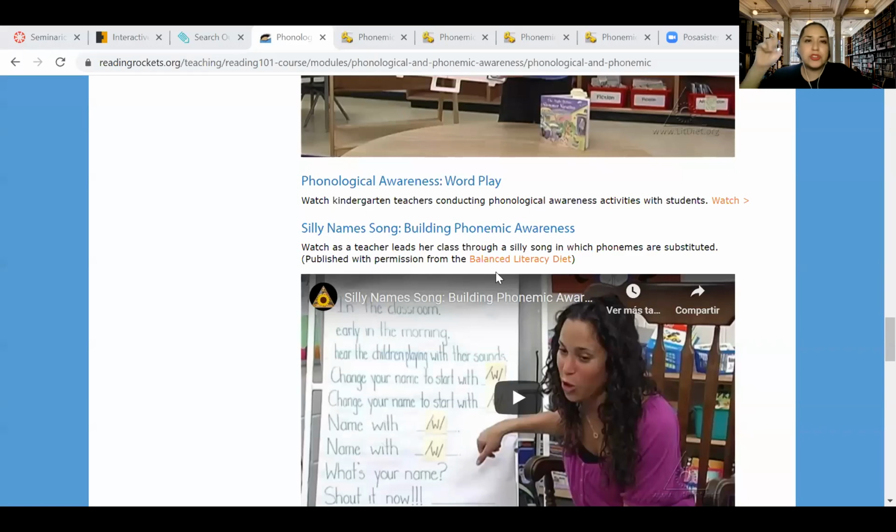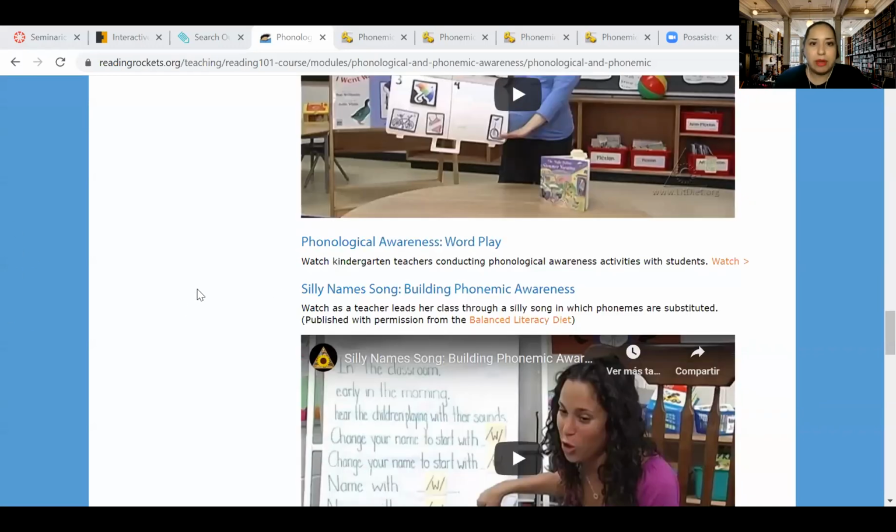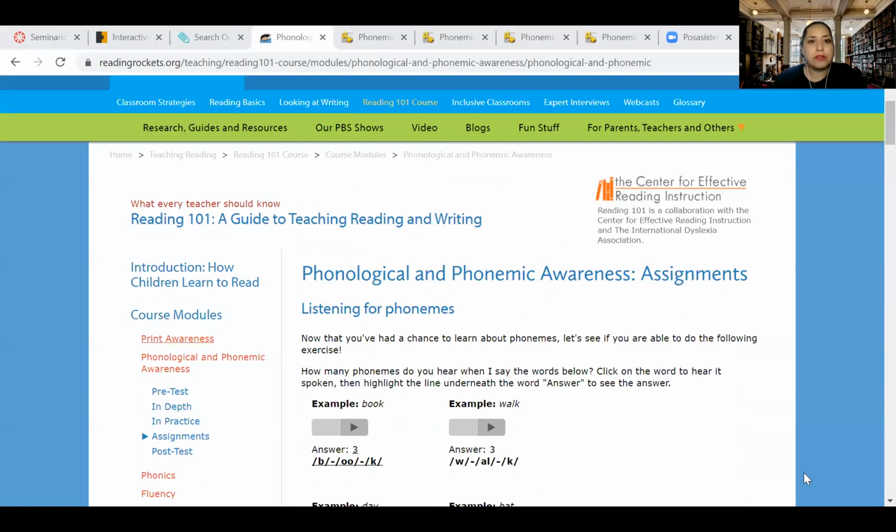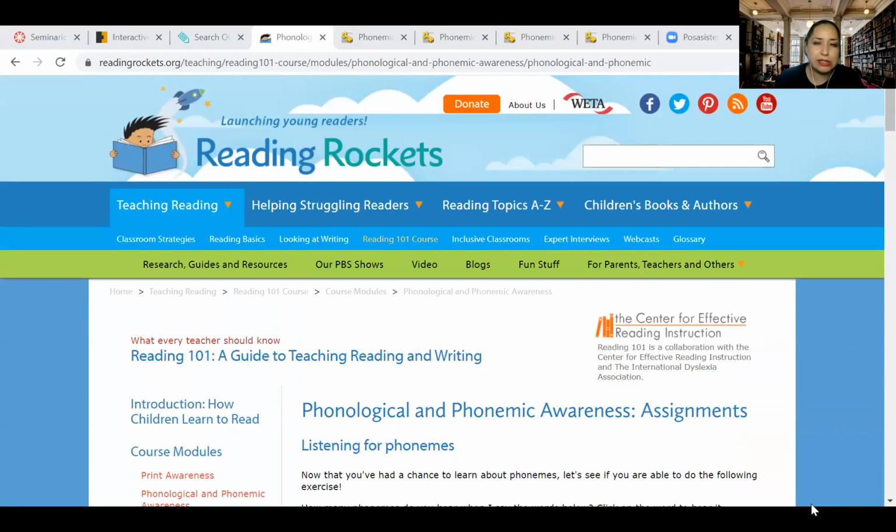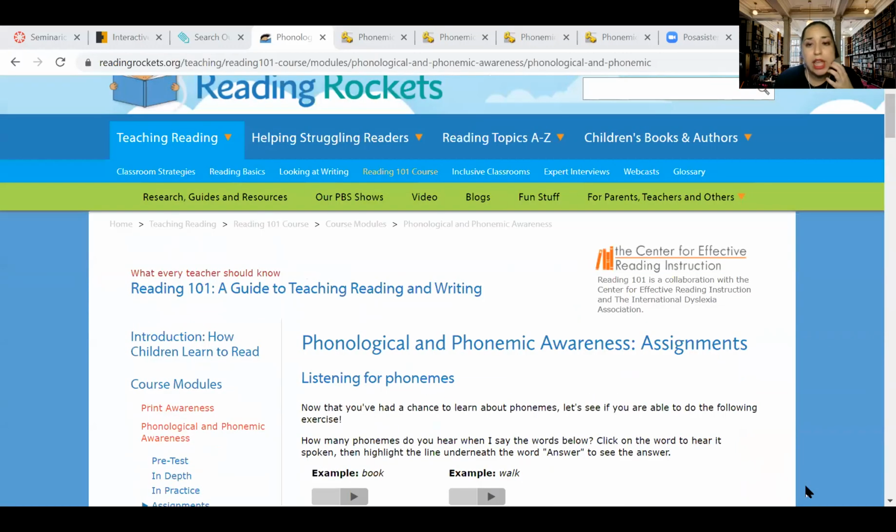So you're going to go to this web page. You're just going to click on it. It's going to take you here, Reading Rockets. So this is not just for reading. This practice actually is for the phonemic awareness assignment.